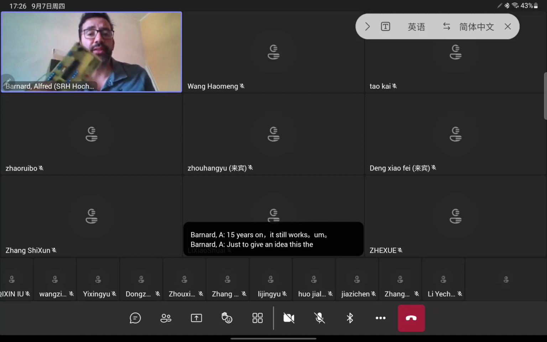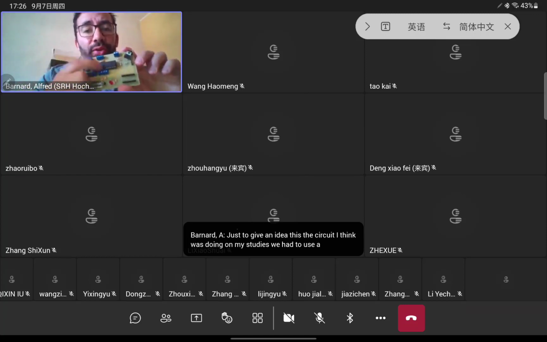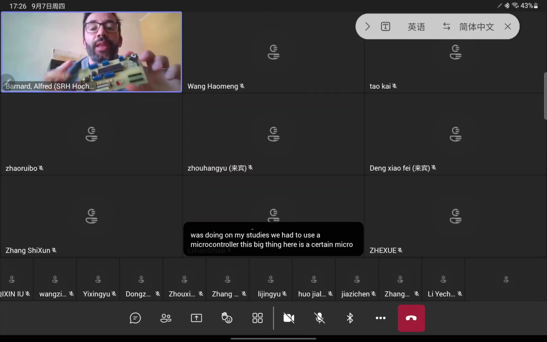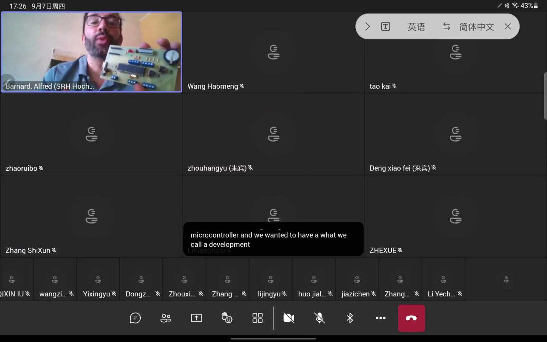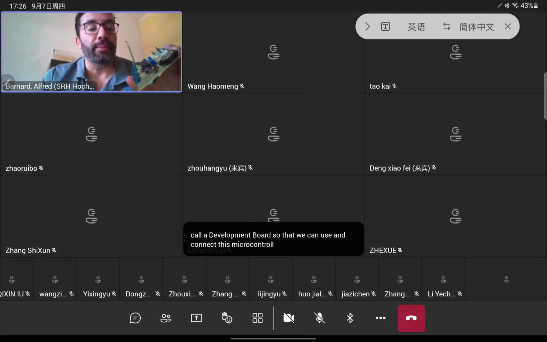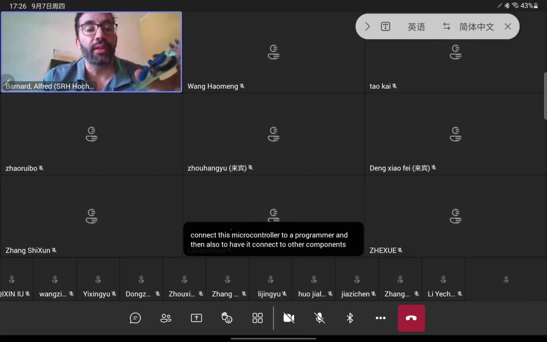Just to give an idea, during my studies we had to use a microcontroller. This big thing here is a certain microcontroller. And we wanted to have what we call a development board, so that we can connect this microcontroller to a programmer, and also connect it to other components.